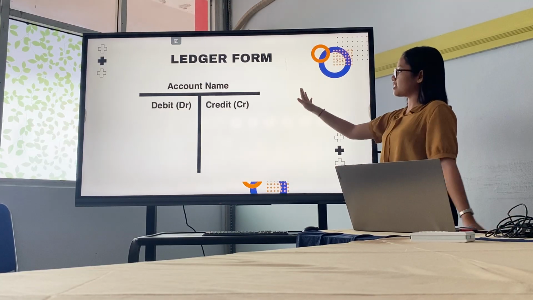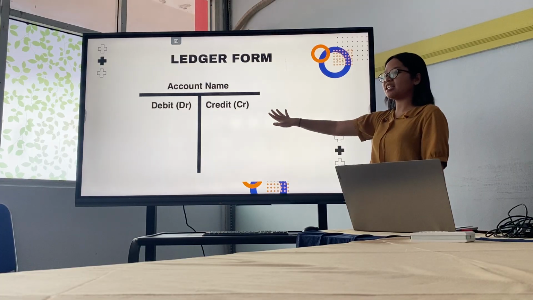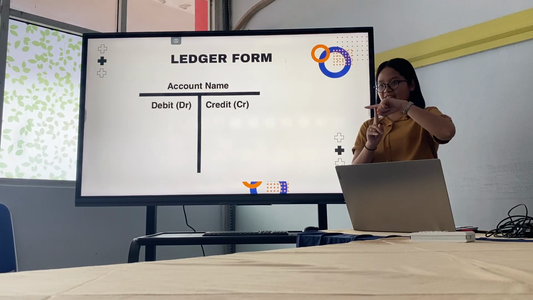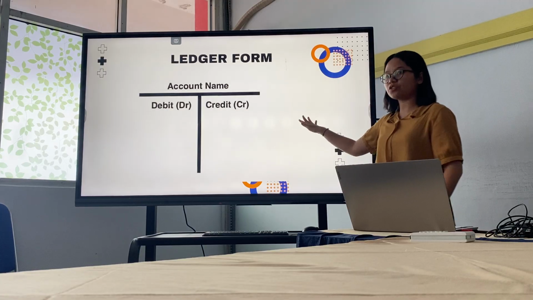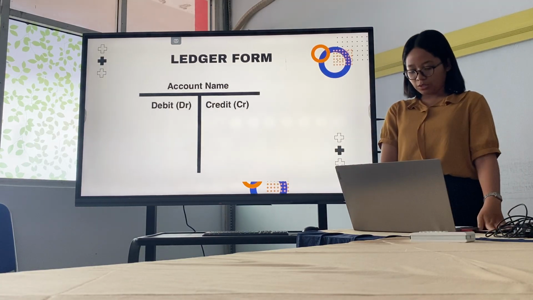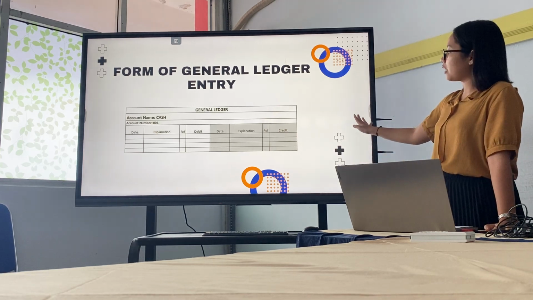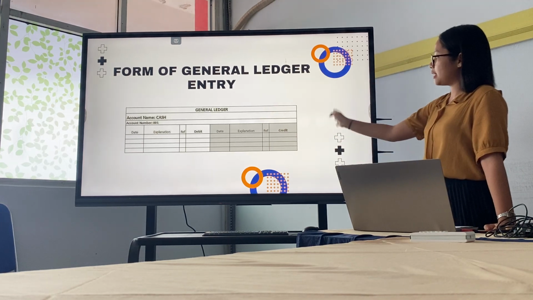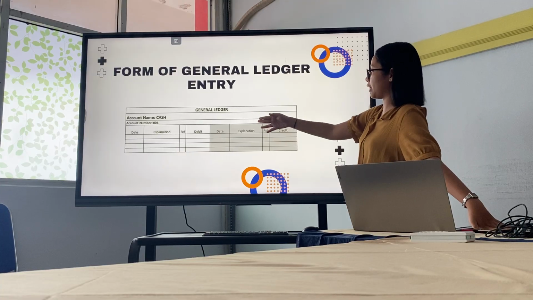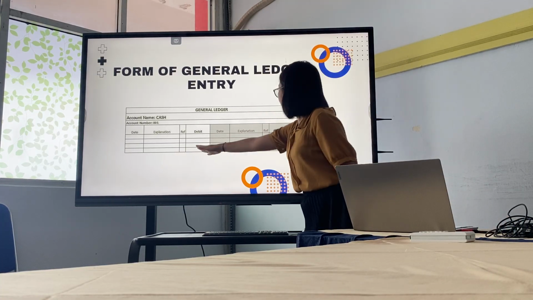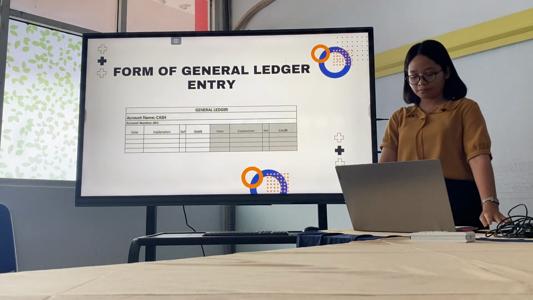In this slide, the ledger looks like a letter T, and it's called the T account form. Others look like a table with date, explanation or description, reference, debit, and credit.